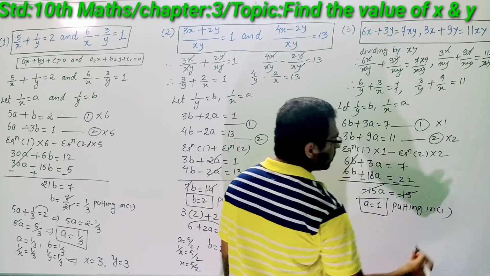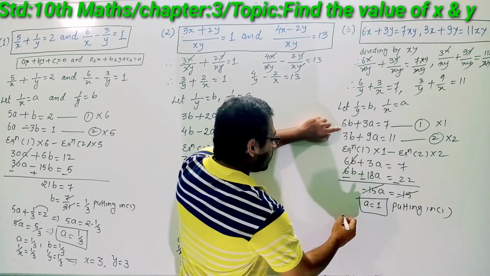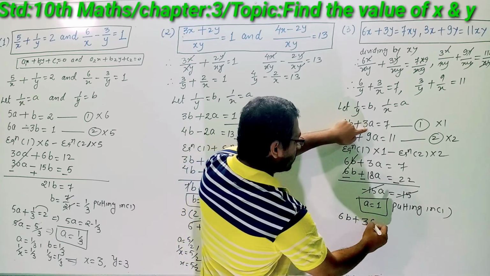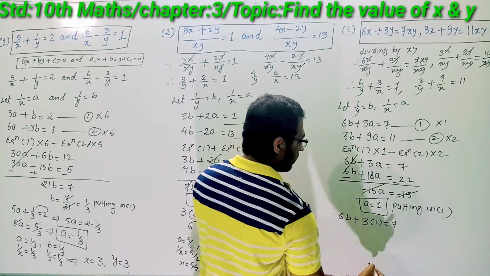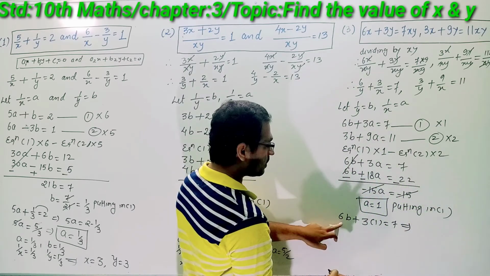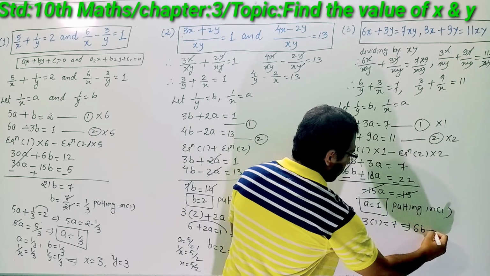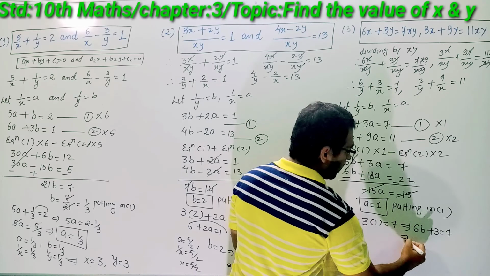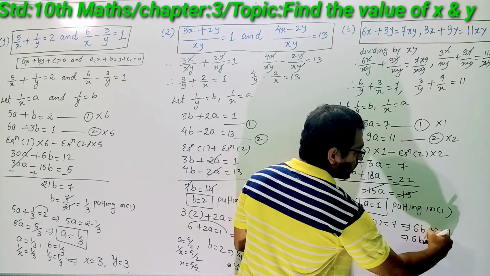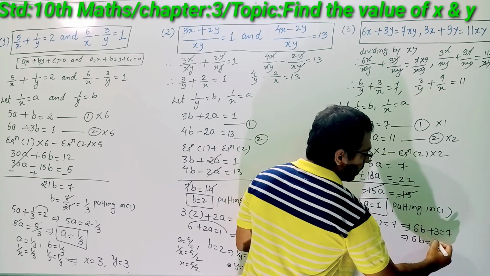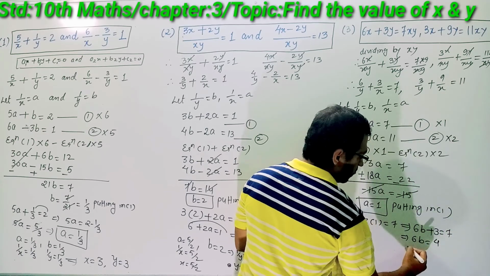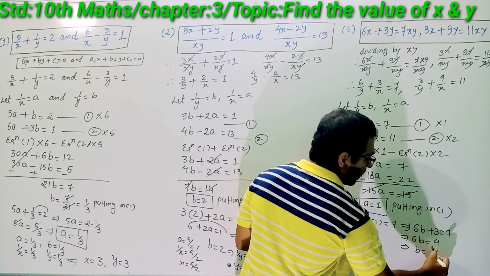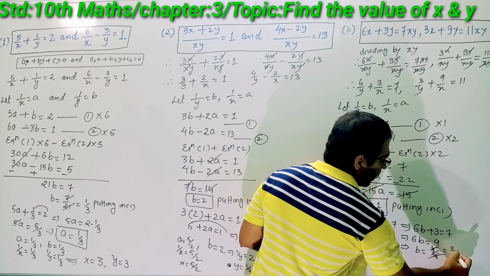So putting a is equal to 1 in equation 1. So what is equation 1 over here? 6b plus 3a, the value of a is 1, is equal to 7. So we can simplify this. 6b plus 3 is equal to 7, which implies 6b is 7 minus 3, that is 4. So b is equal to 4 by 6, that is 2 by 3.